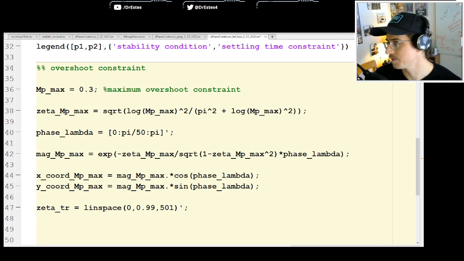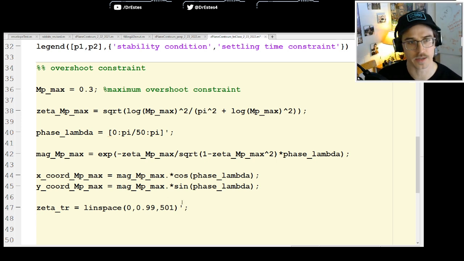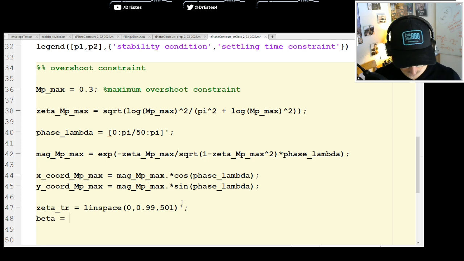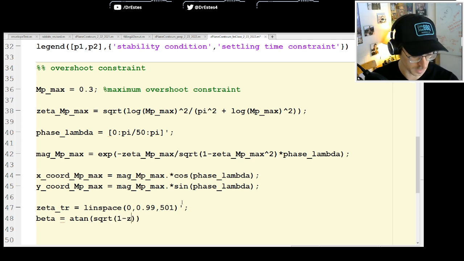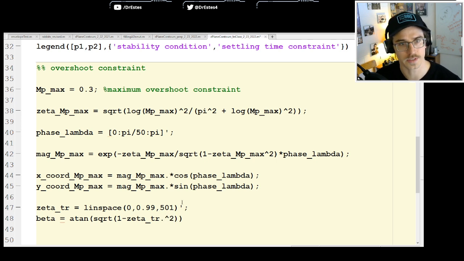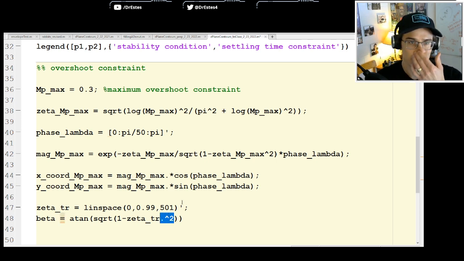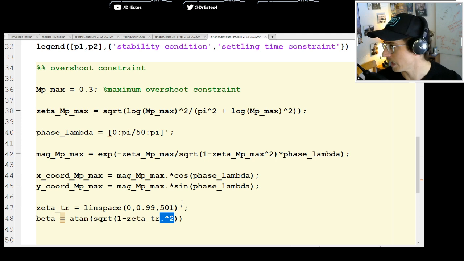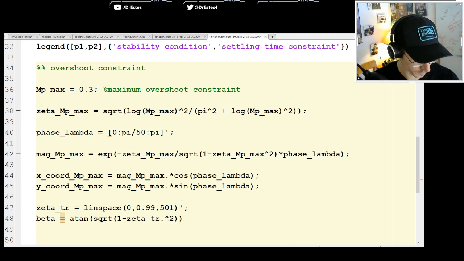All right, now for each of these, we have this beta variable. So I'm going to create beta. What was beta? It was the tangent inverse of the square root of 1 minus zeta squared. Make sure you put a dot here when you square this, because you're squaring every element in a vector.